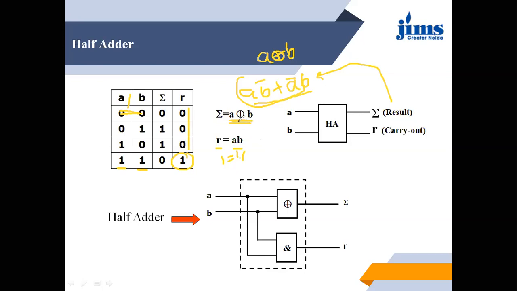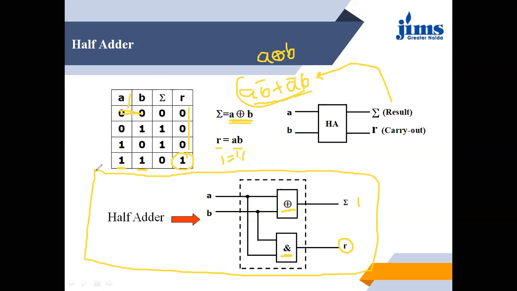So for the sum, I am taking the XOR of A and B, and for carry, I am taking the AND of A and B, so I am getting the R. So this is the corresponding circuit of half adder, and from here you can see that we are not using the memory.